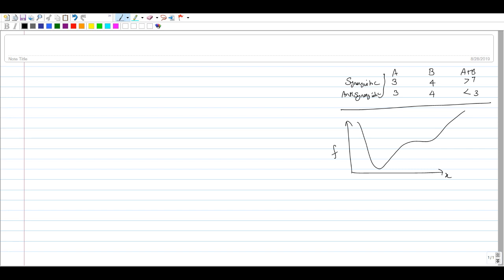This is where your actual minima is, which is the optima. However, if your design of experiment points were only at the points that are marked x, then you are not going to be able to get those corresponding values.